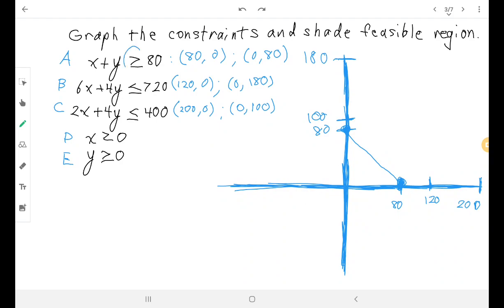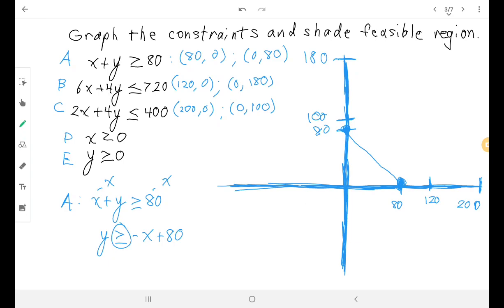Now, notice that this is greater than or equal to. One of the things that you have to do to know how to shade it is you have to solve it for y. Okay? So x plus y is greater than or equal to 80, and then I would subtract x on both sides, and traditionally you'd write y is greater than or equal to negative x plus 80 to give you an idea.